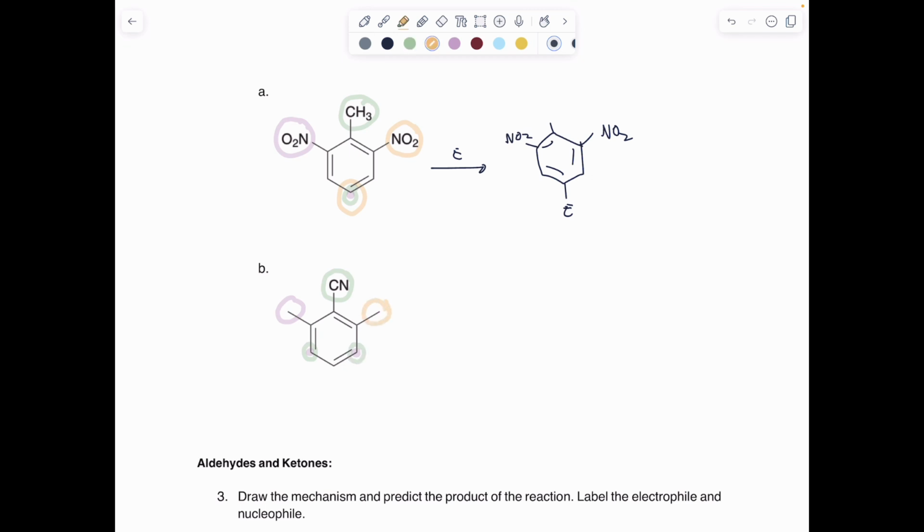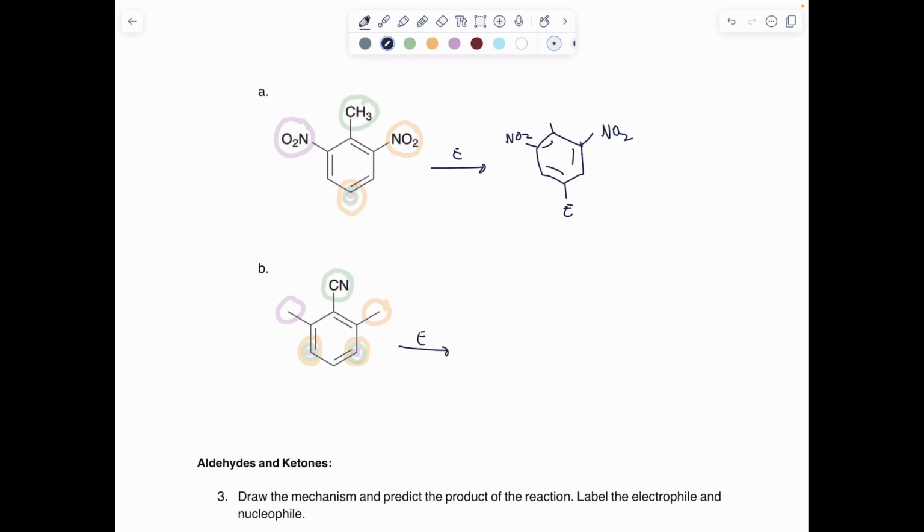And then this methyl group, again, is an ortho-para director. This para position is already filled, so it could direct here or here. So all three substituents are pointing towards the same two positions, and you'll notice that this molecule is symmetric, so those two positions are equivalent, so it would add to either one of those sides. So let's draw that.